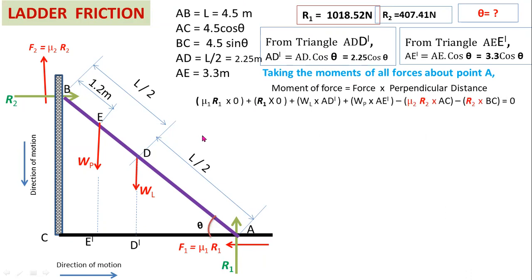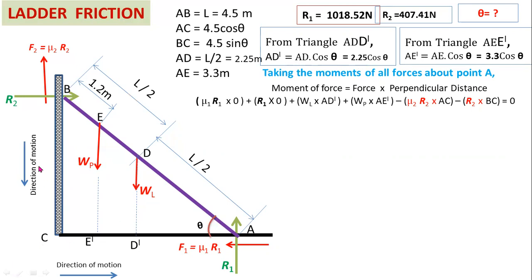So mu1 R1 into 0 distance, R1 into 0 distance, because these two forces pass through point A. Now WL passing through point D dash, so the perpendicular distance is A D dash, and WP force passing through point E dash, so the perpendicular distance is AE dash. AE dash equal to 3.3 cos theta and AD dash equal to 2.25 cos theta.